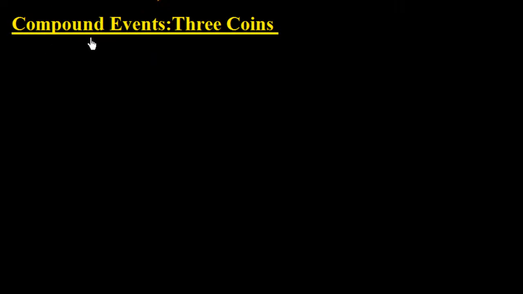Now we have to find the compound events of 3 coins. We know the total outcomes would be 2 power 3, which is equal to 8. So we see the sample space.